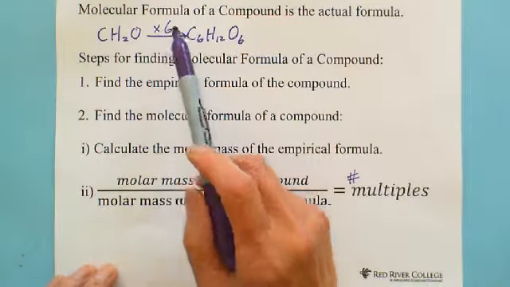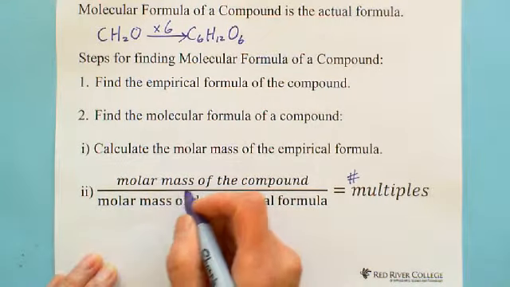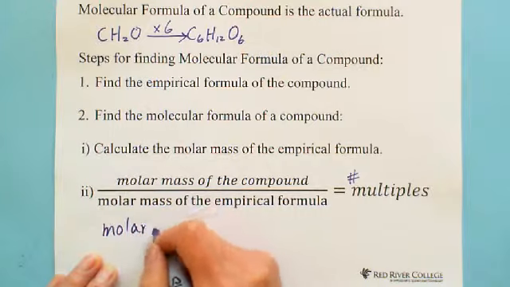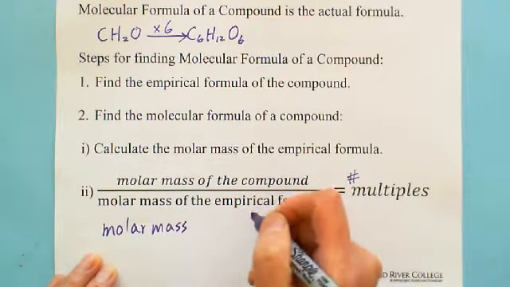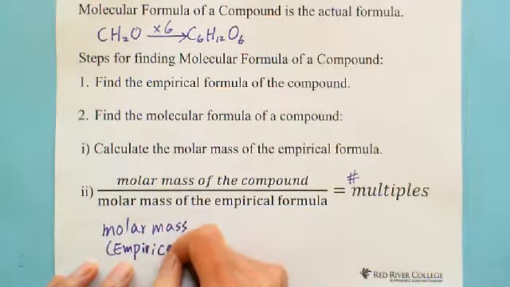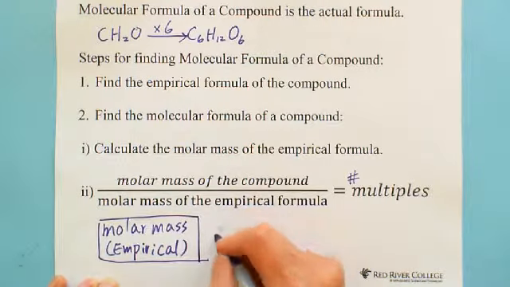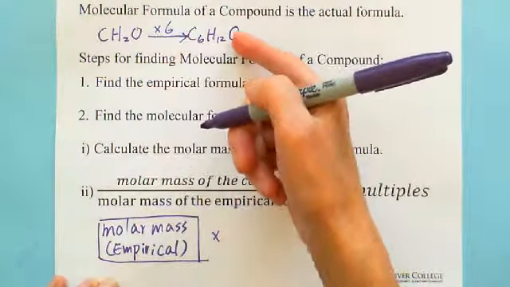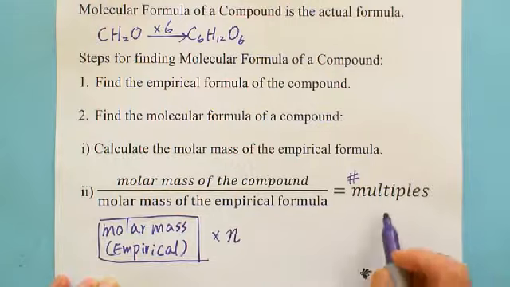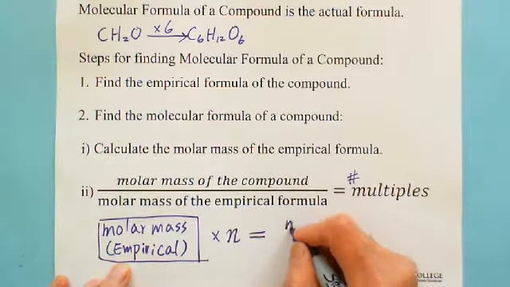So actually we can write, this is molar mass of empirical, and this one times 6, for example, times 6, which is this example, but we use n, number of multiples, and then equals the molecular molar mass.